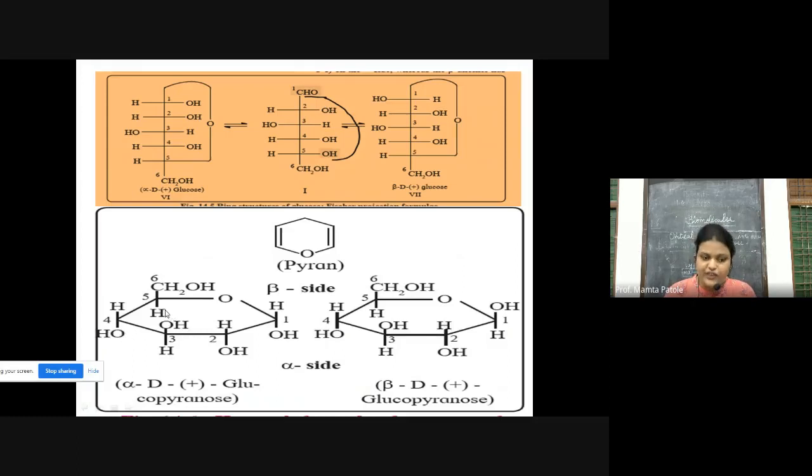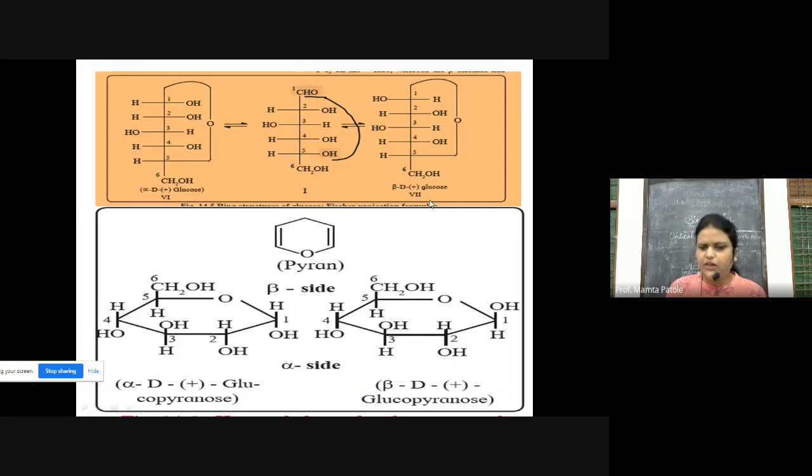And on the fifth carbon, the bulkier group, that is CH2OH, would be up, hydrogen would be down. म्हणजेच काय की ज्यावेळेस आपण रिंग मध्ये कन्वर्ट करतोय तर what we are doing, all the groups on the right hand side will go on the downwards position, that is on the alpha side. So this is your alpha D glucose चा structure.